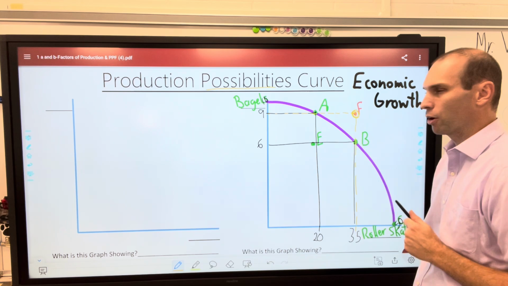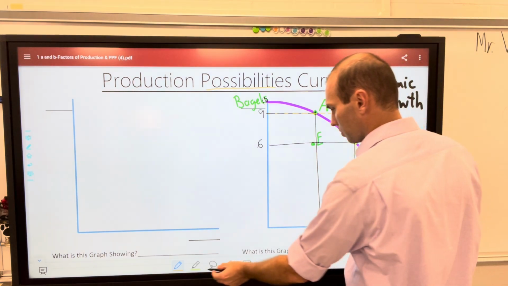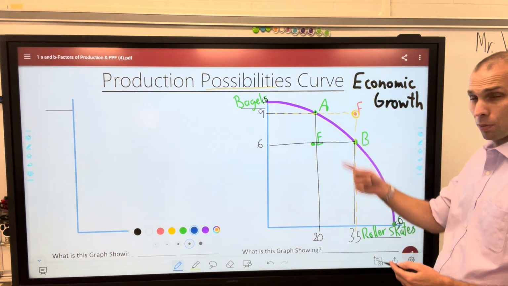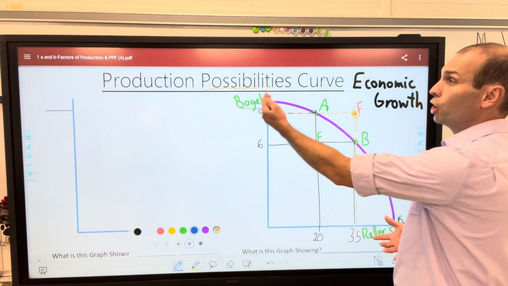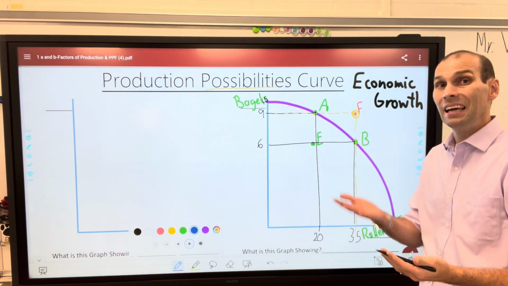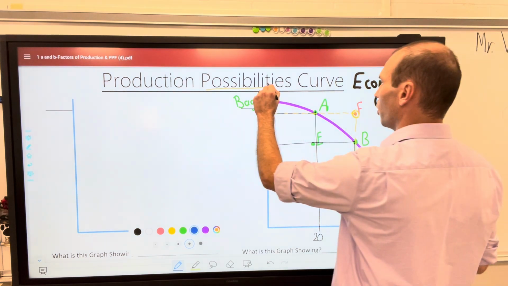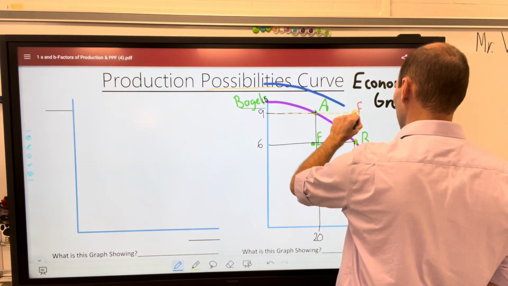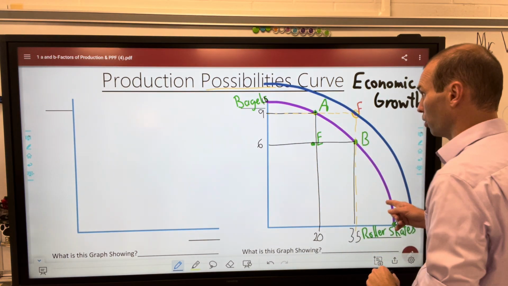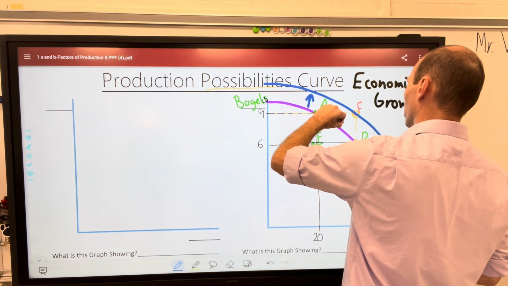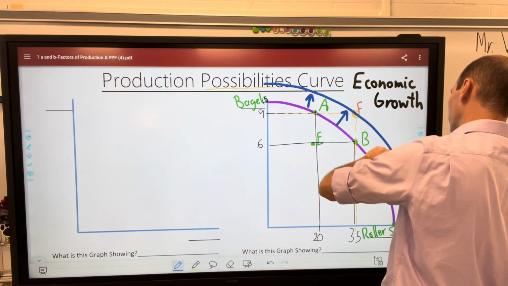So what does that mean about our purple curve here? In short, it means our purple curve must be wrong. It can no longer be what is possible if we're going outside of it. So what we need to do is move our curve. And what we'll find out is that the purple curve is inefficient and this new blue curve is efficient.